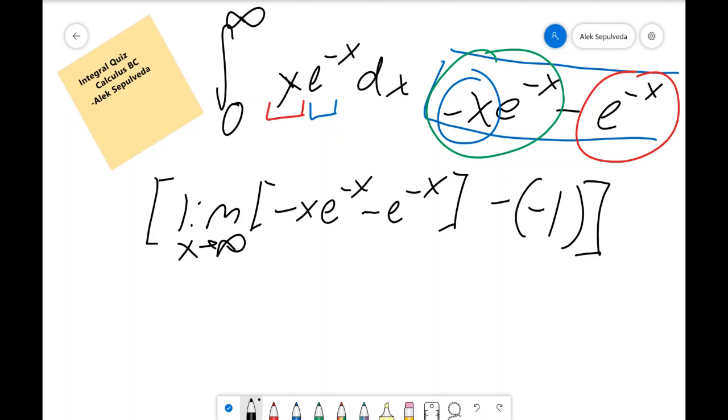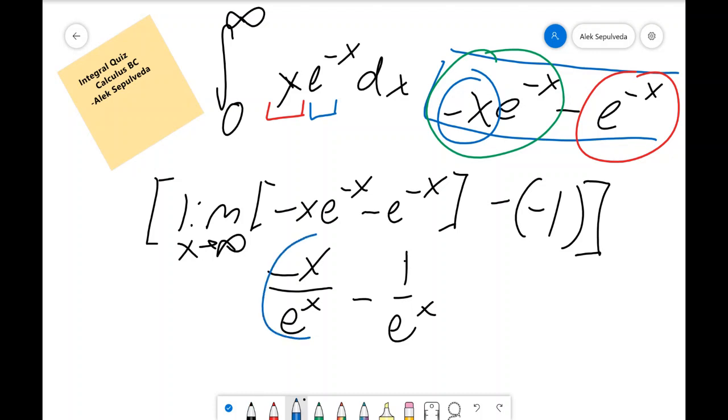Now we have to evaluate this limit. So basically, let us rewrite this first actually. So we're going to say negative x all over e to the x minus 1 over e to the x. So from this we know that this expression will end up being negative infinity over infinity, which is indeterminate.